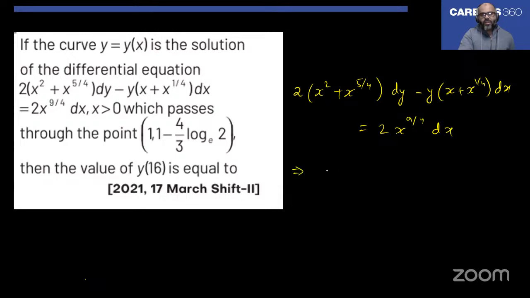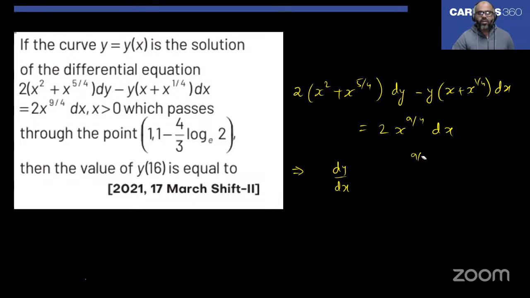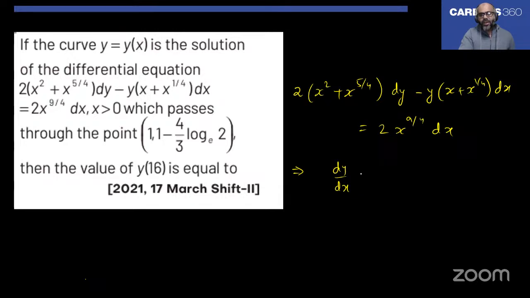So first let us write it like this: we take it as dy by dx, and let us take this as 2x to the power 9 by 4. And then dy by dx minus x plus x to the power 1 by 4 by 2 into x square plus x to the power 5 by 4 into y.